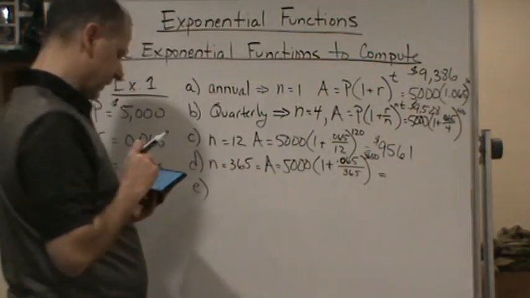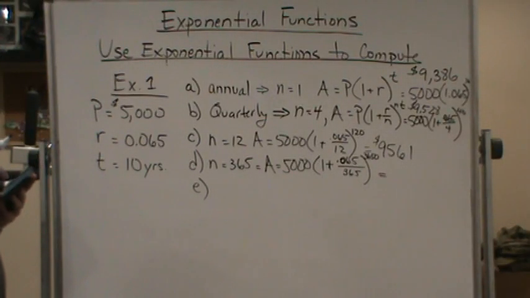All right, let's see what that gives us. So 0.065 divided by 365 plus 1 raised to the power of 3650 times 5,000.